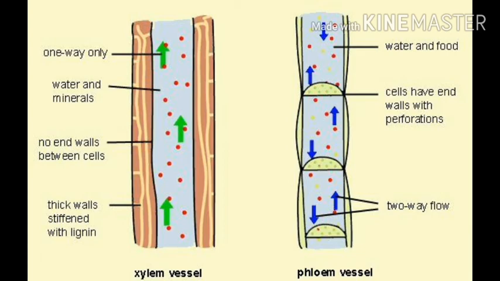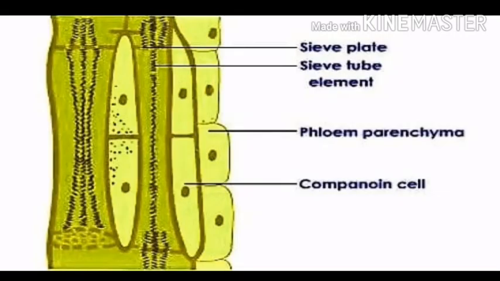Now the second part, the permanent tissue. Again I am repeating, mature cells are incapable of cell division, so they are called permanent tissue. These are three types: simple permanent tissue, complex permanent tissue and some special types.